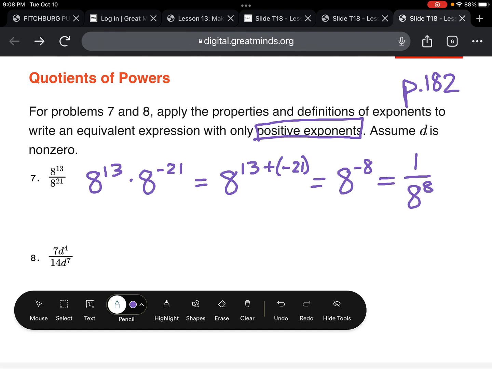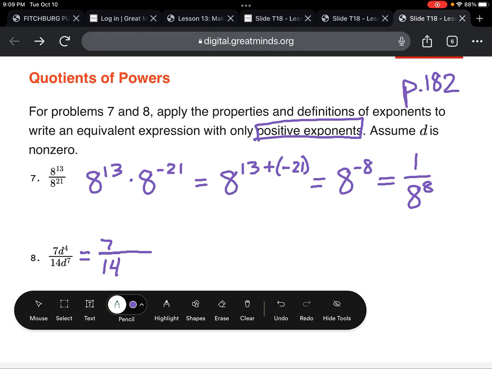So on number 8, we're assuming D is not 0, but we're simplifying this a little bit more. This is a division problem: 7D to the 4th power divided by 14 times D to the 7th power. So I can break this up.